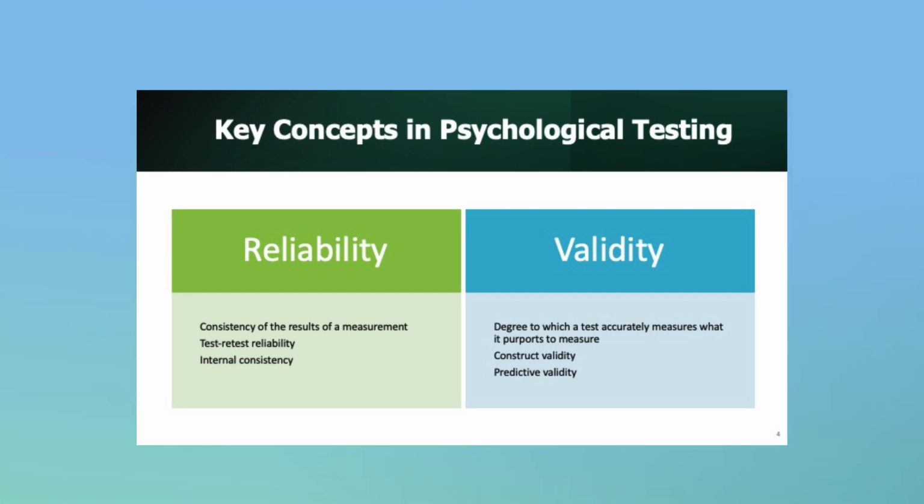Whereas predictive validity measures how well one measure predicts an outcome for another measure. A test of this type of validity is important, because if it is useful, then it's going to predict performance or behavior in another situation.